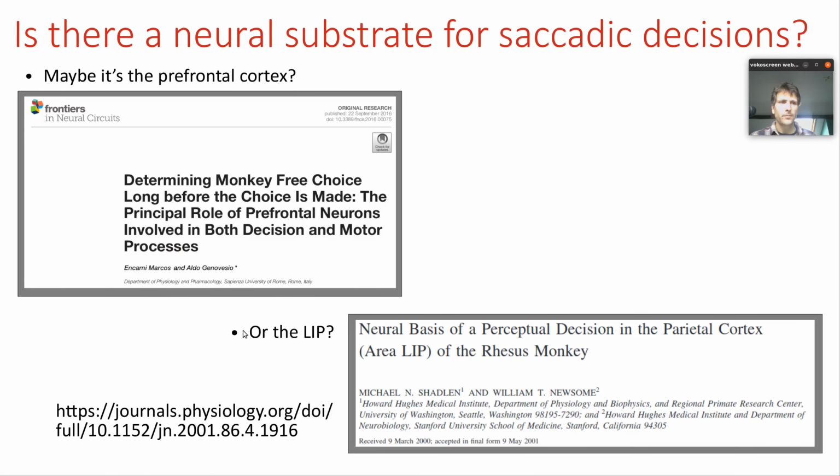Okay, so a good question to ask the literature is, is there a neural substrate for saccadic decisions? And if you start searching for saccadic decisions, you will find a lot of different potential neural substrates, i.e., particular brain regions that are implicated in making the decisions.